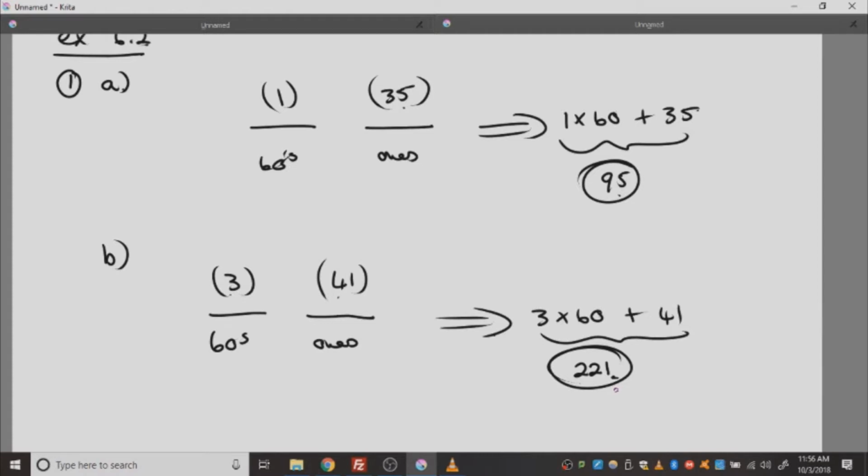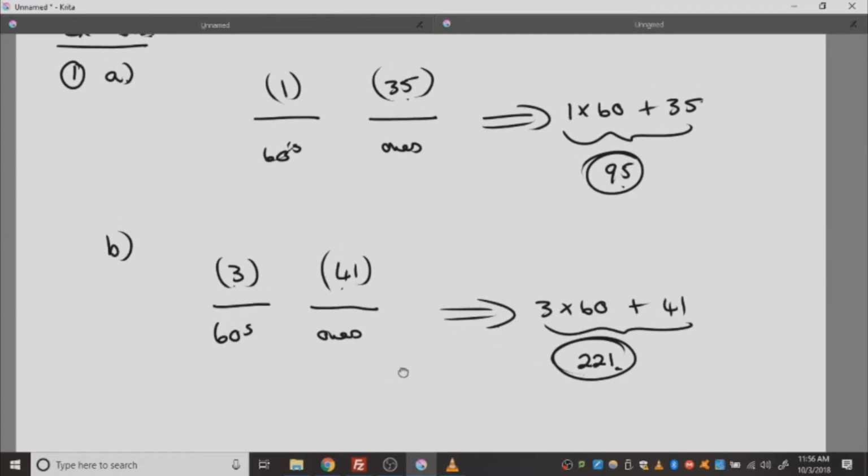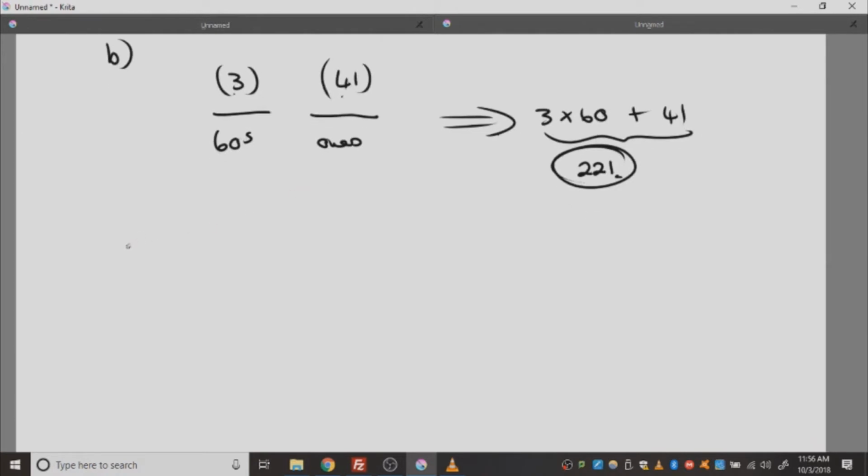Now, if you make a mistake in the 221 because of your calculator or whatever, it's good to see the details so I can give you something if I can verify, yeah, you did know it was counting in 60s, you just made a little calculation mistake. If there are multiple marks to give, that would just give you a little bit of safety in case a silly mistake happens. We have a lot of time. Ask questions if you're not sure.